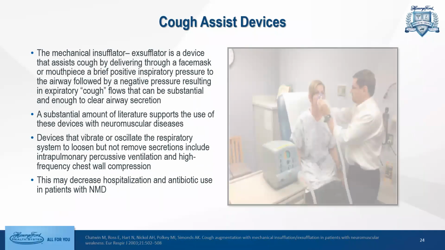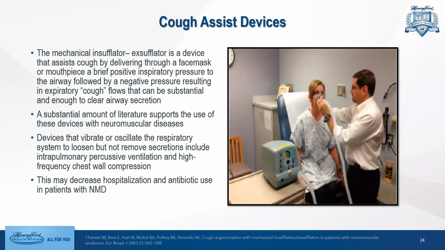There are cough assist devices, like something called a mechanical insufflator-exsufflator. It assists cough by delivering, through a face mask or mouthpiece, a brief positive inspiratory pressure to the airway followed by negative pressure, resulting in expiratory cough flows substantial enough to clear the airway secretions. This is what you're going to see when you go to the hypoventilation clinic and see the patients there.